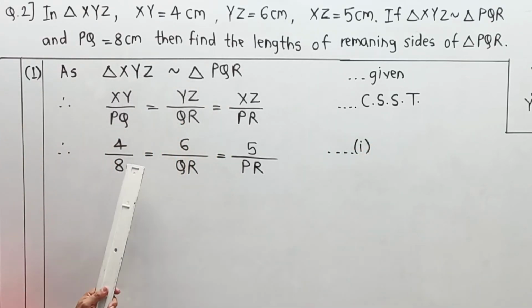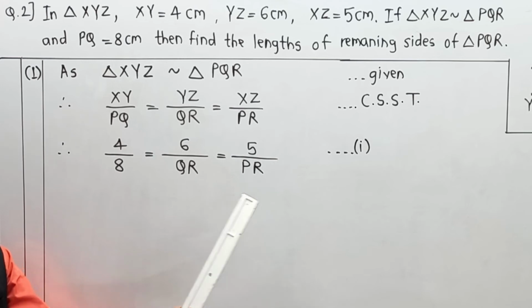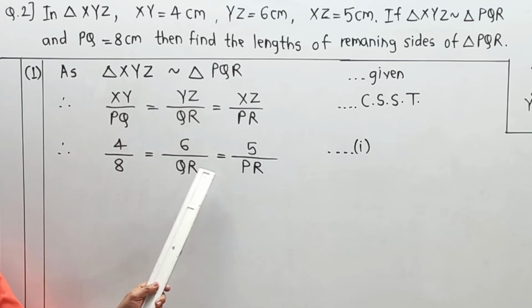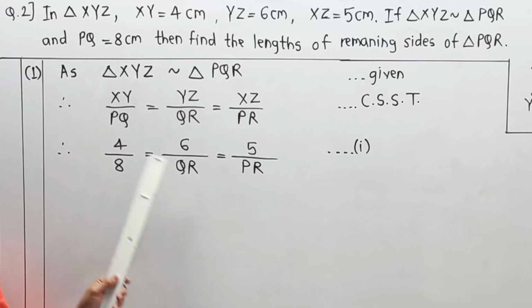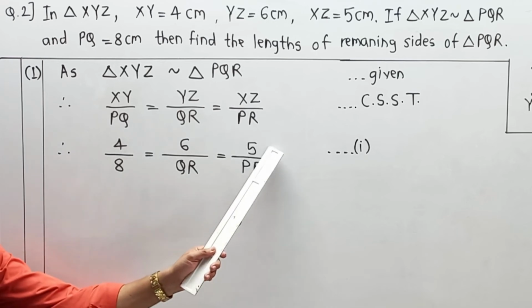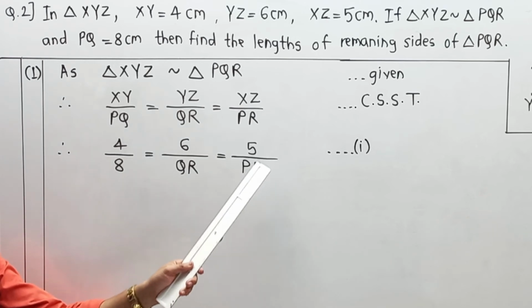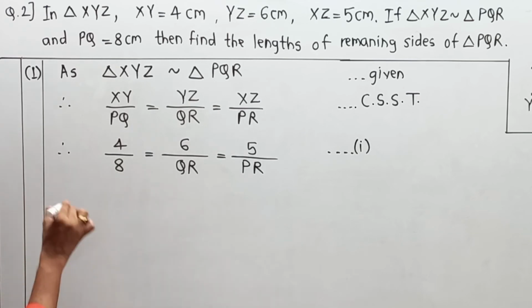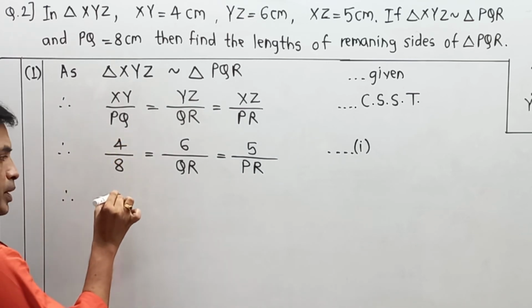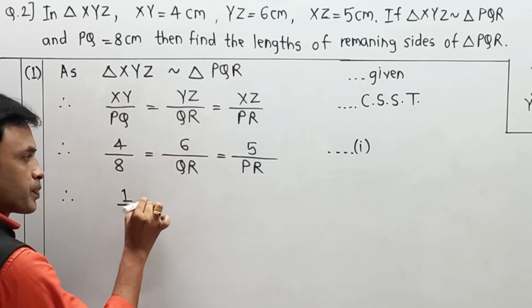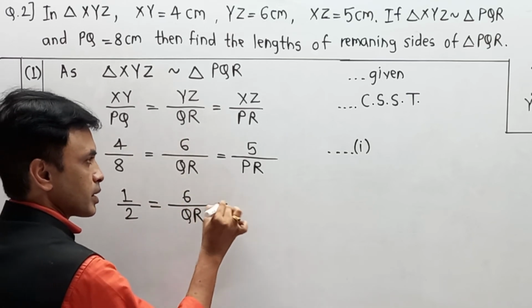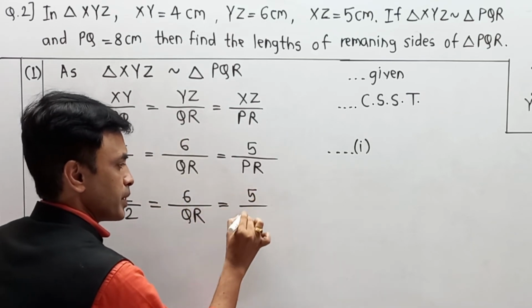Next, I cannot find both values at a time. So I am going to compare 4 upon 8 is equal to 6 upon QR to find QR, and then 4 upon 8 is equal to 5 upon PR to find PR. If you want to simplify, 4 upon 8 becomes 1 upon 2, so 1 upon 2 is equal to 6 upon QR is equal to 5 upon PR.